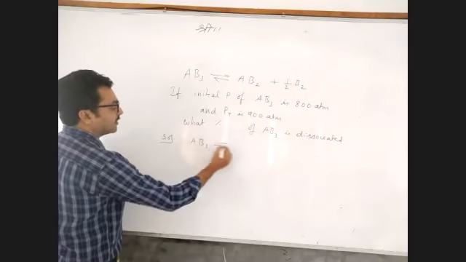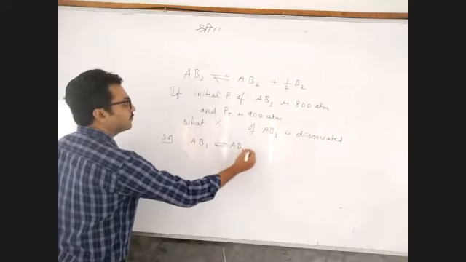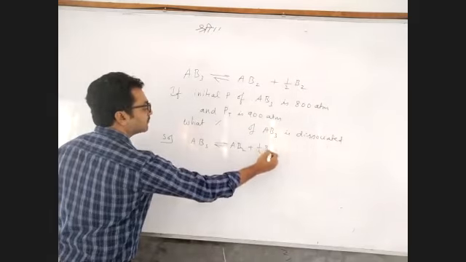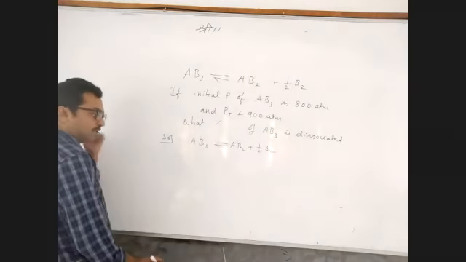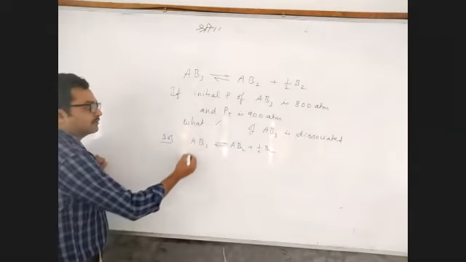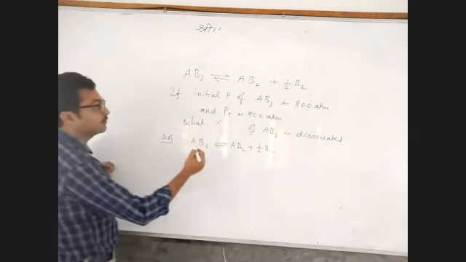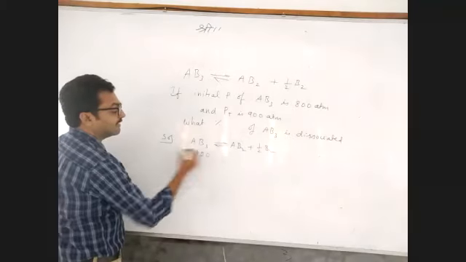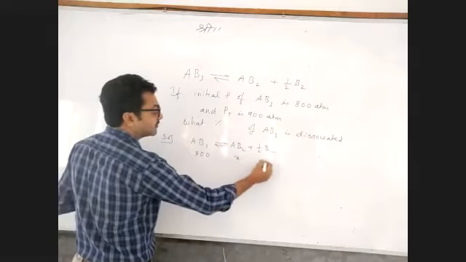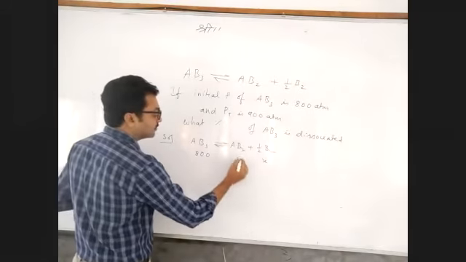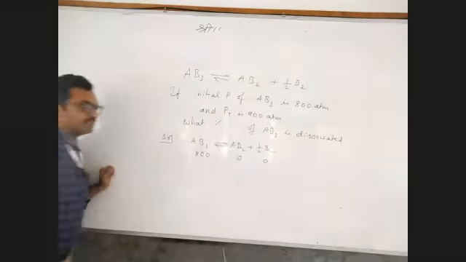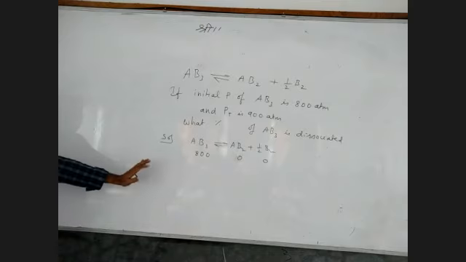AB3 gives rise to AB2 plus half B2. Now, initially it is 800, and 0, 0 for the others, because initially nothing is there. Is this clear, children, for everyone?